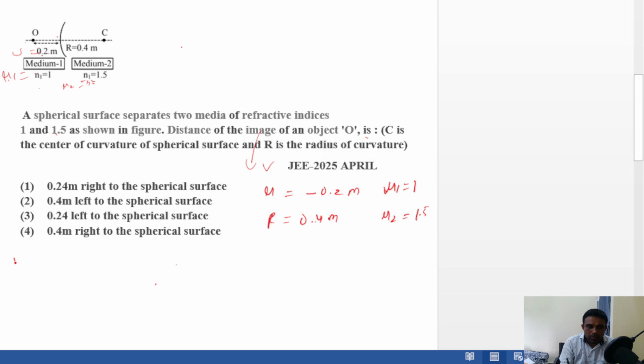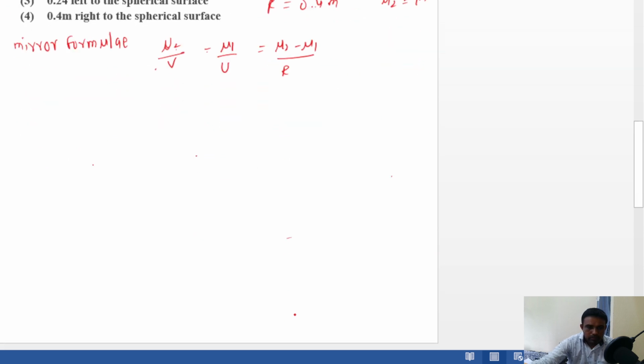So the formula: mu 2 by v minus mu 1 by u is equal to mu 2 minus mu 1 by R. This is the formula for the spherical surface.